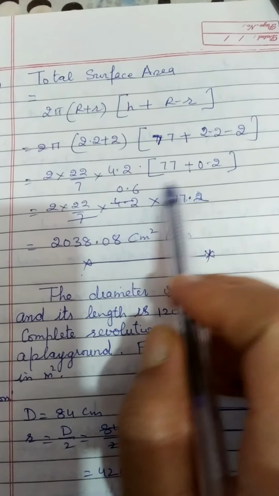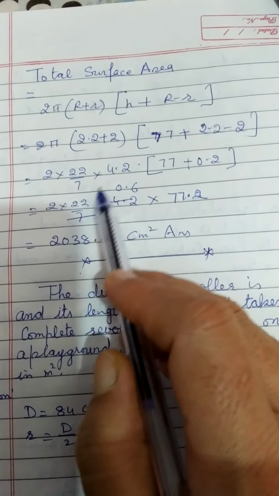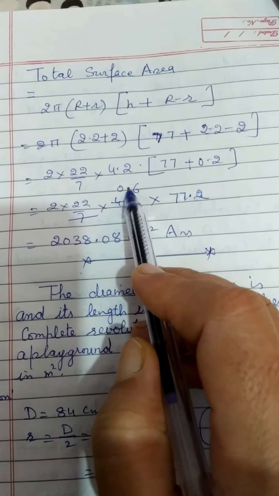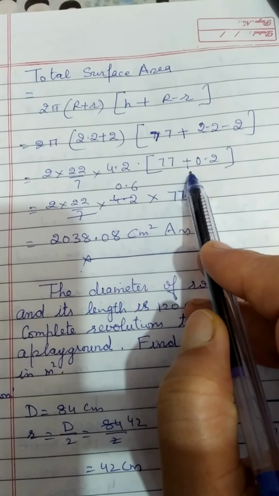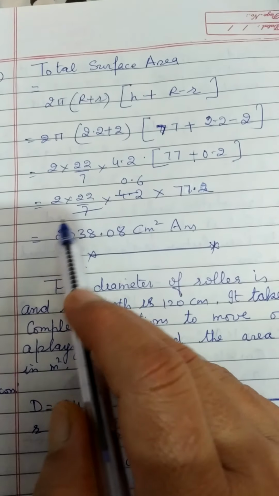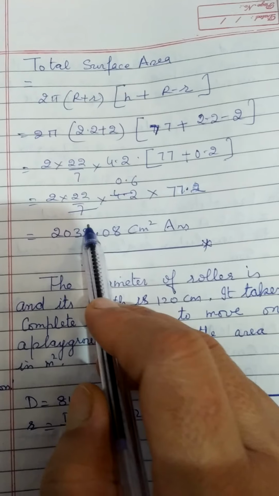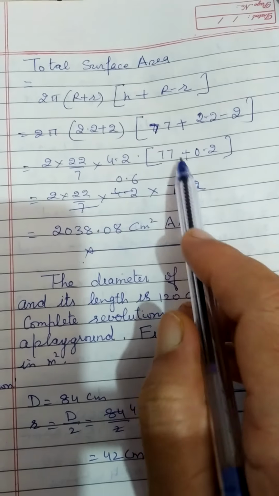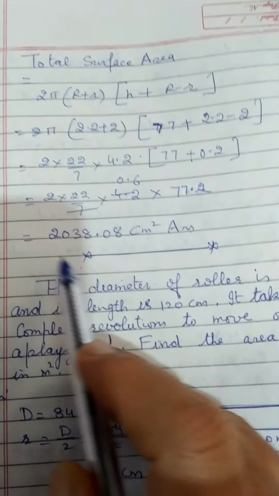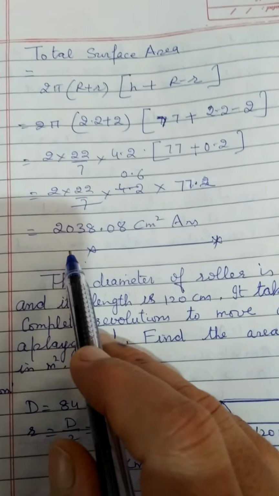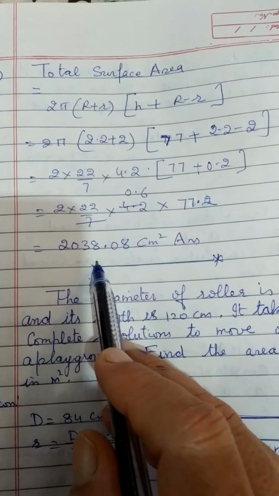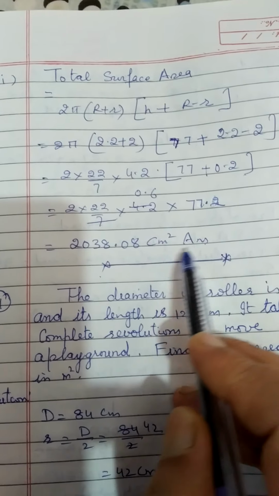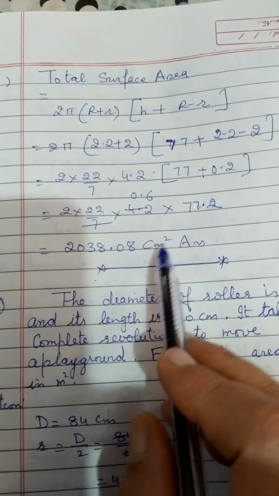On solving this, 2 into 22 by 7 into 4.2 into 77 plus 0.2. Further we get 2 into 22 by 7 into 4.2 into 77.2. On solving these we get it is equal to 2038.08 centimeter square. That is the total surface area.